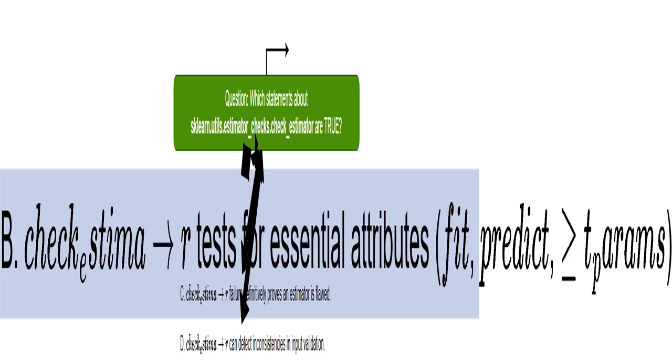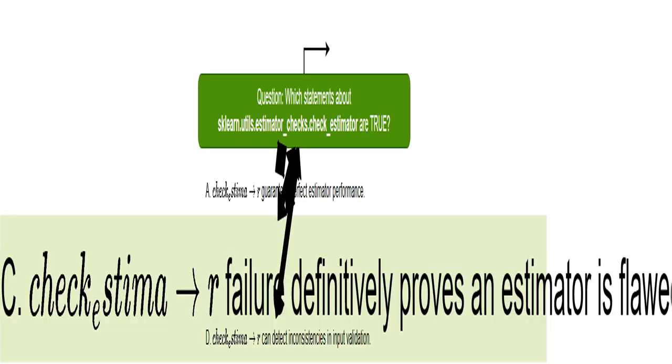That's correct. _check_estimator checks if your estimator has the necessary functions like fit for training, predict for making predictions, and get_params for getting the model's settings. These are essential for any scikit-learn model. Incorrect. A failing _check_estimator doesn't automatically mean your estimator is garbage.